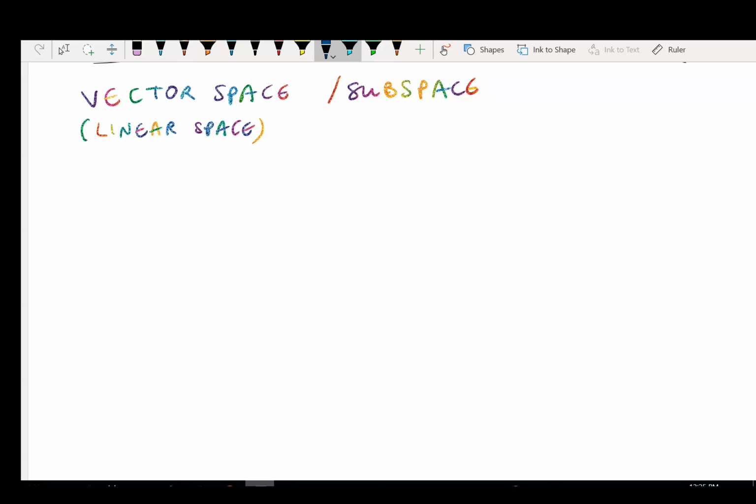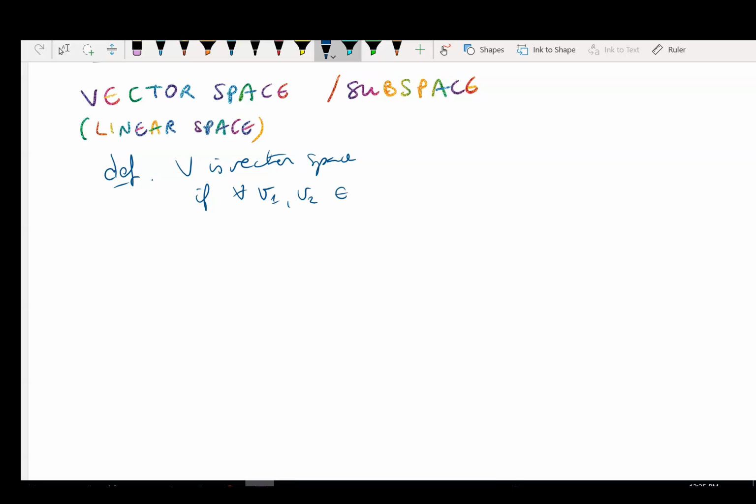Maybe we don't need a very rigorous definition, but V is a vector space if for all, let's call this V1, V2 in V, so these are called vectors.